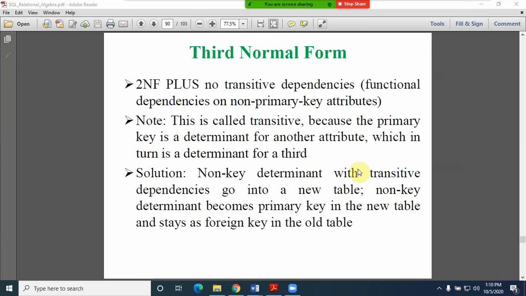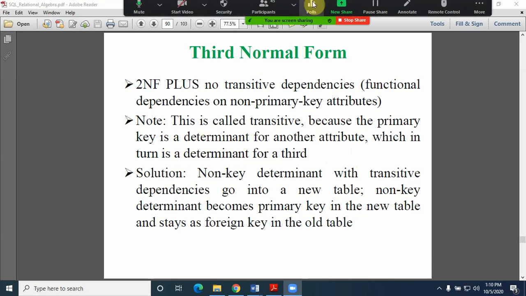What do you mean by transitive dependency? It is functional dependency on non-primary key attributes. In the simplest way, you can remember that transitive dependency is nothing but functional dependencies on the non-primary key attributes. It is called transitive because the primary key is a determinant for another attribute, which in turn is a determinant for a third. That's what we are saying here, friends.